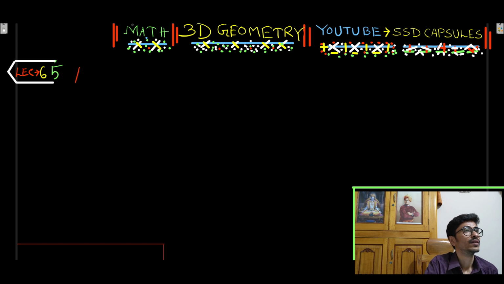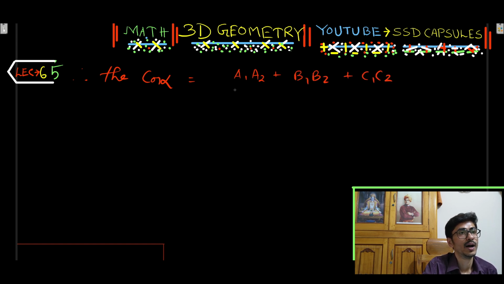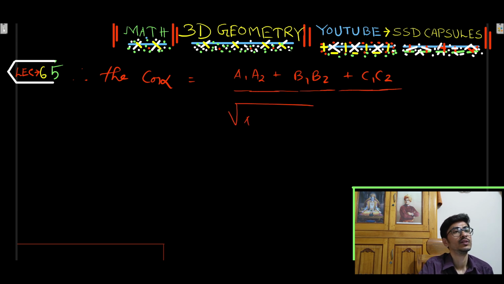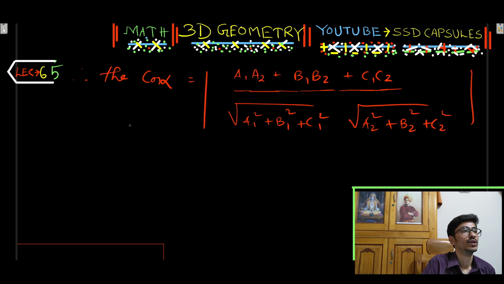Cos alpha equals a1 a2 plus b1 b2 plus c1 c2, divided by root over a1 square plus b1 square plus c1 square, times root over a2 square plus b2 square plus c2 square, whole magnitude.